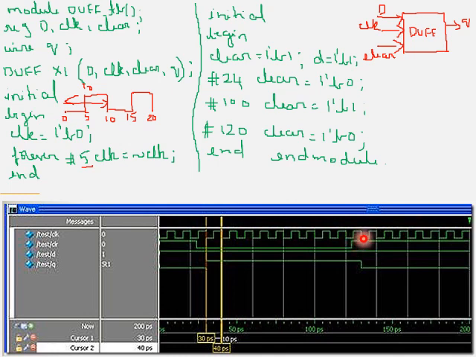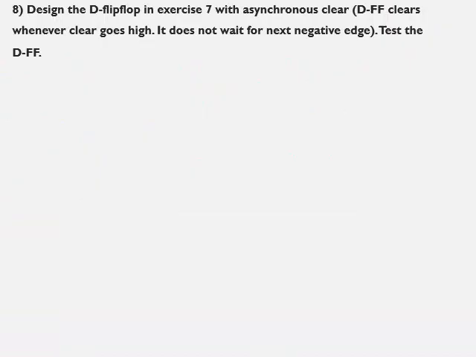The next active edge of the clock is here, the negative edge, so from this point onwards the output will be 0. Then after 120 time units I am making clear equal to 0 again, which is beyond the scope of this screen. So from 120 time units from now the output will again be 0 only. It will not follow D. This is how the D flip-flop is to be tested.